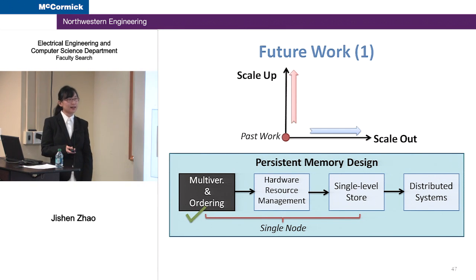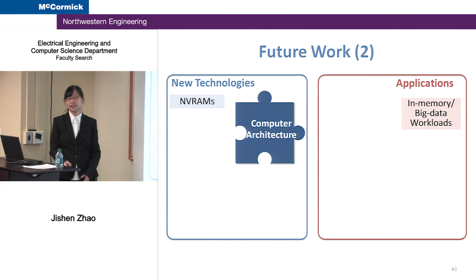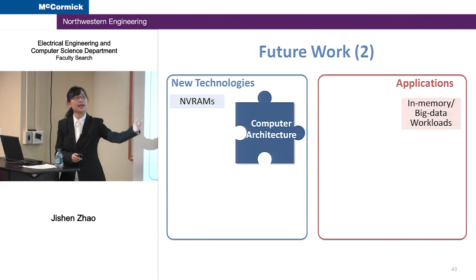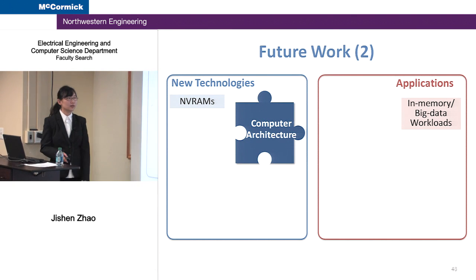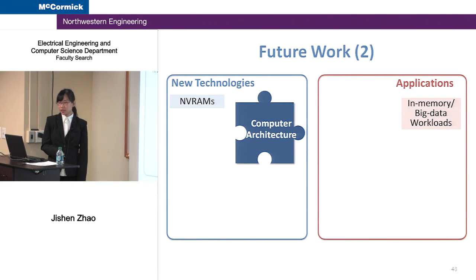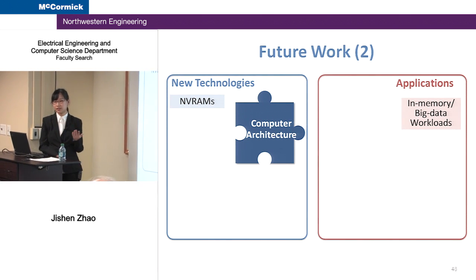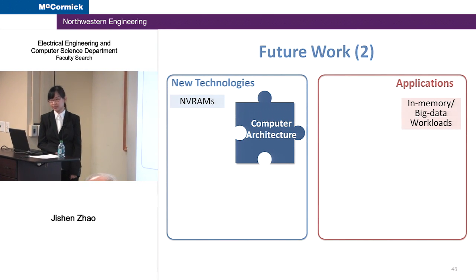More broadly, I see many research opportunities driven by both new technologies and modern applications. Current computer designs are well shaped by traditional technologies like CMOS, DRAMs, and disks, but new technologies are emerging with unique properties that are likely to open doors to novel computer design.